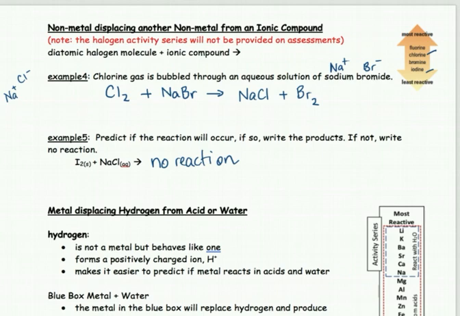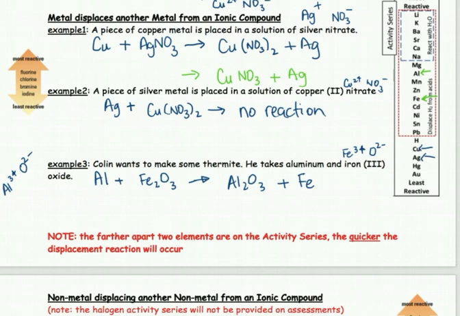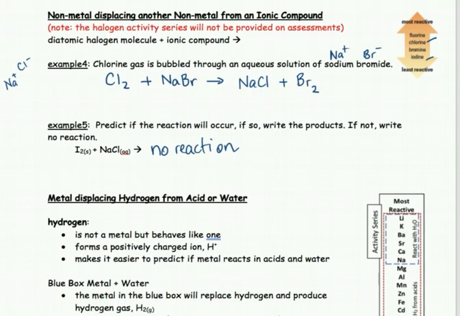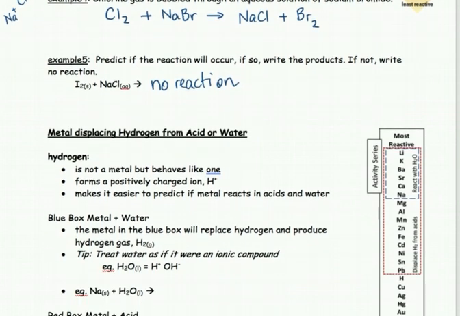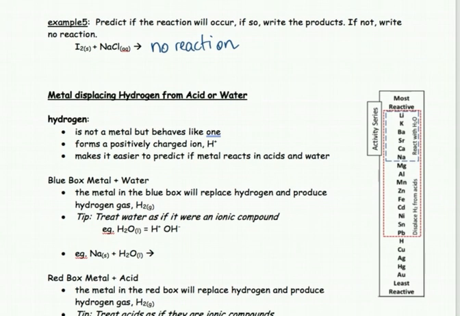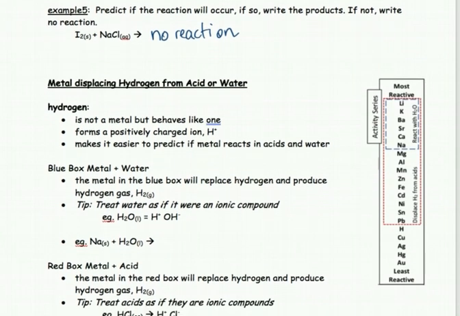So we've looked at metals displacing metals, nonmetals displacing nonmetals. Now we're going to start looking at why there is a blue little box here and a red box. We have to pay attention to where those metals are on this activity series, and when they react with water, and when they react with acids.